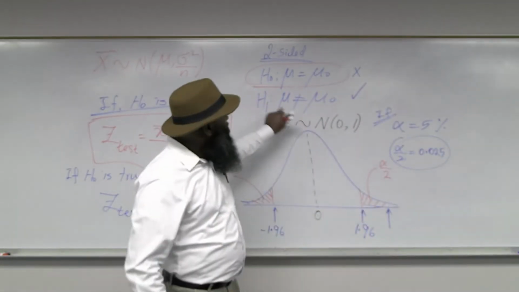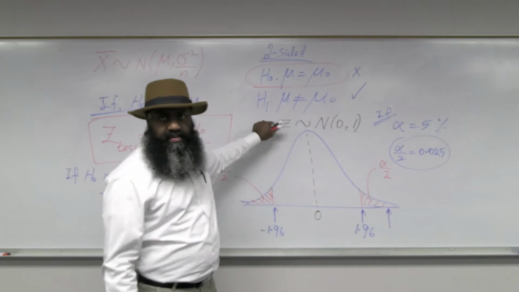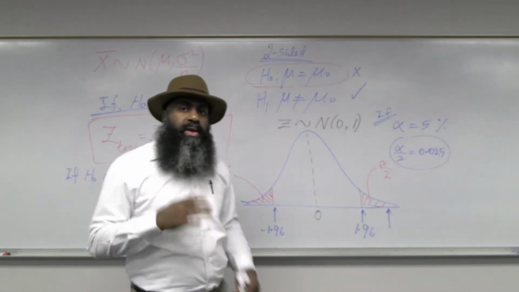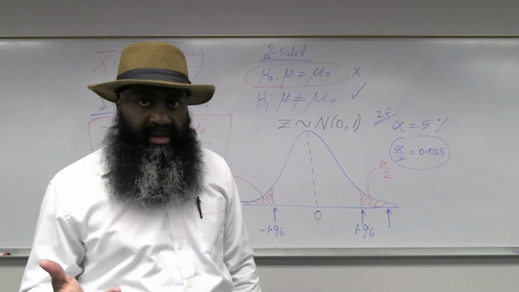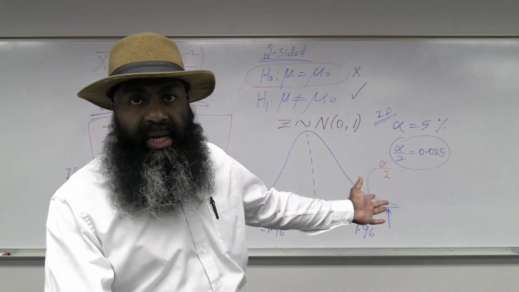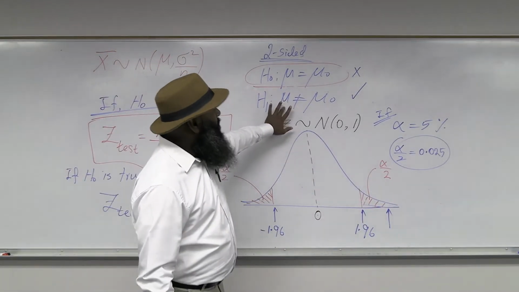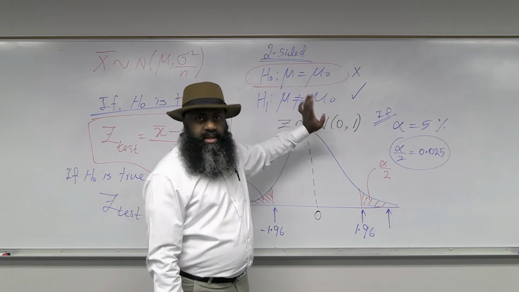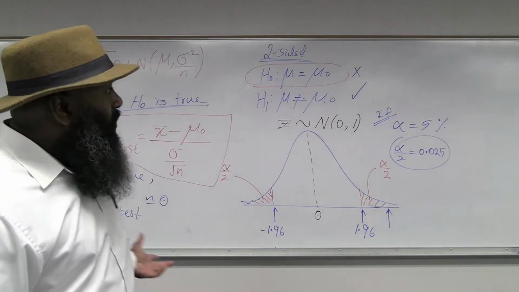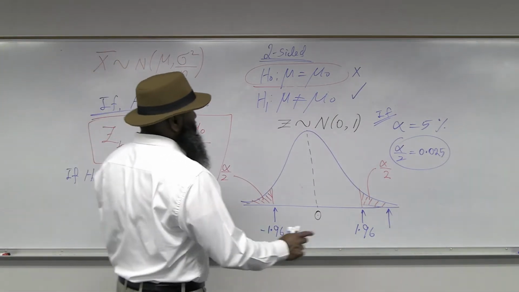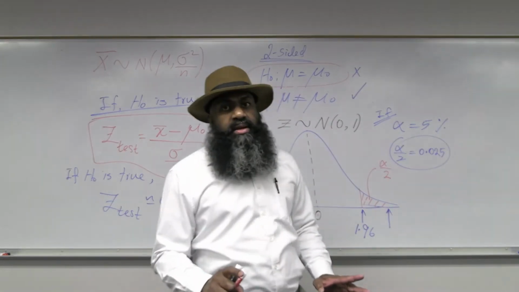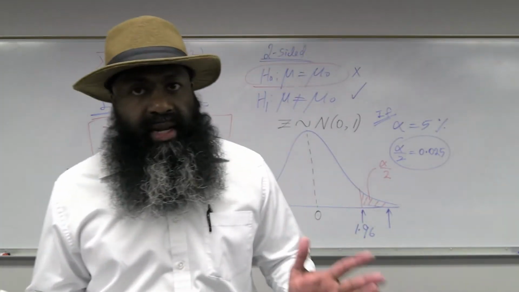That means our data support the alternative. In that case, we will say we have statistical evidence, of course with 95% probability, to conclude that the true mean is different from the given value mu 0. That's how you can do the z-test statistic and critical value method for a two-sided test.